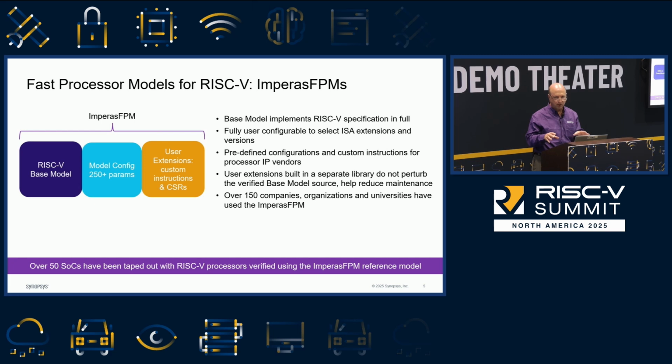On the RISC-V side, the base model supports the RISC-V specification in full. It's also fully user configurable to whichever extensions you want, but also which version of each extension you want to use.